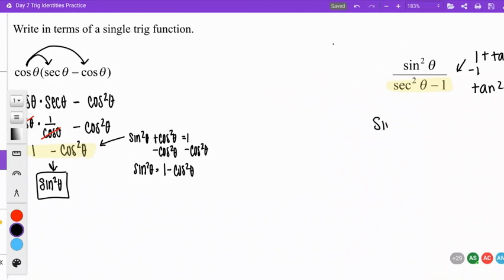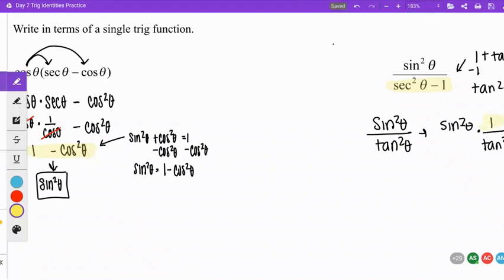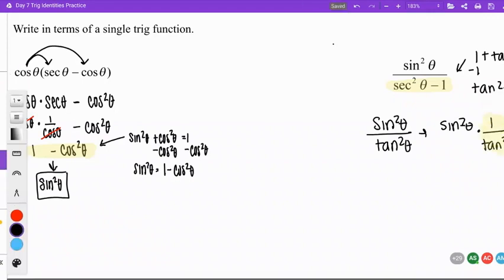So we're looking at sine squared all over tangent squared, which we can simplify to sine squared of theta times 1 over tangent squared, which is just cotangent.